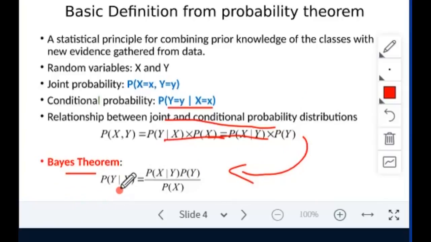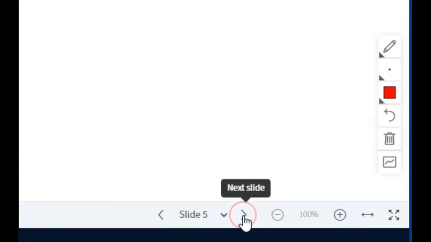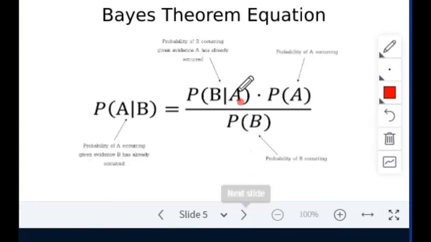So the probability of y given x is equal to probability of x given y into probability of y, whole divided by probability of x. So we call this as likelihood. We'll see this in detail in the next slide. This we call the Bayes theorem equation.